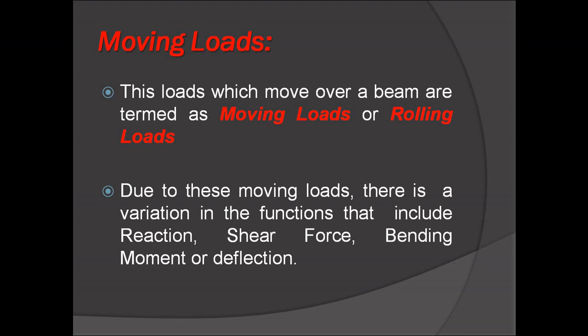So what is a moving load? These loads which move over a beam are termed moving loads or rolling loads. So due to these moving loads, there will be a variation in the functions.